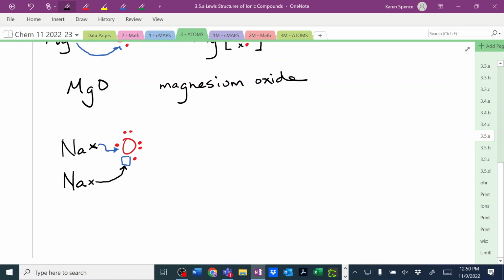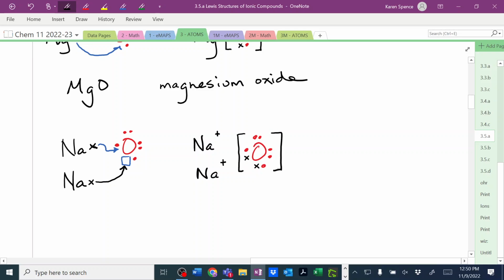Now we have Na, which is positive. We have Na, which is positive. And we have a single O that has its 1, 2, 3, 4, 5, 6 red electrons and 2 black electrons. And the charge of that oxygen is 2 negative because it gained 2 electrons.